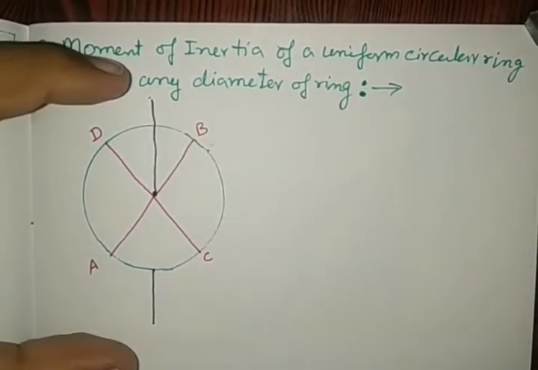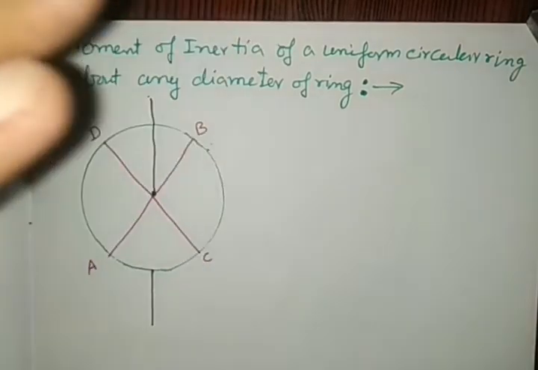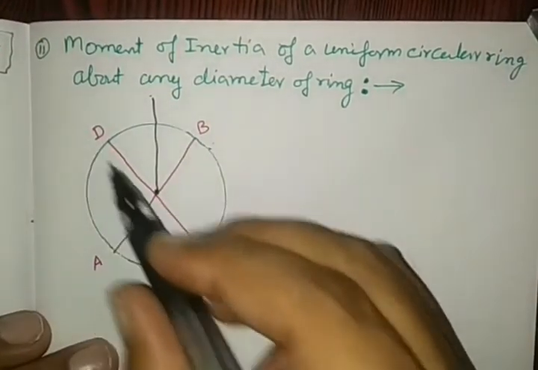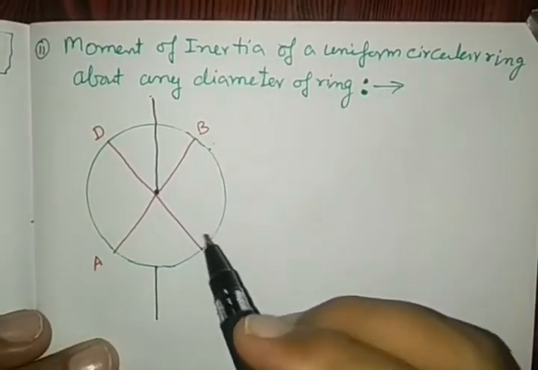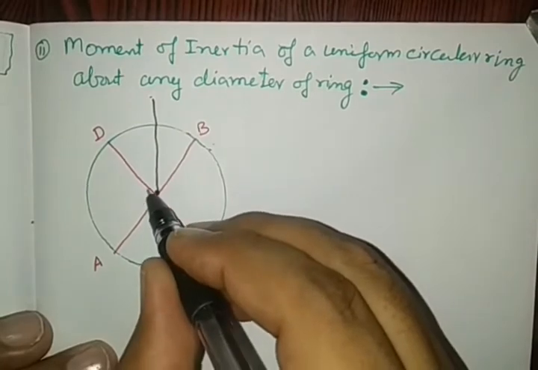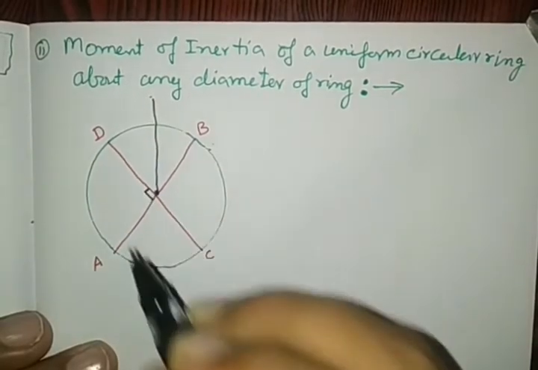See in the diagram, this black line is perpendicular to the ring, and AB and CD are the two diameters, perpendicular to each other.